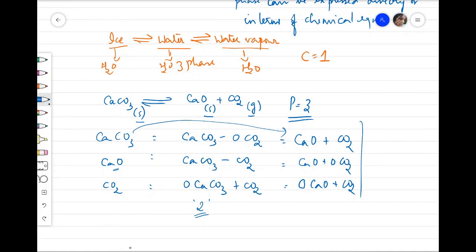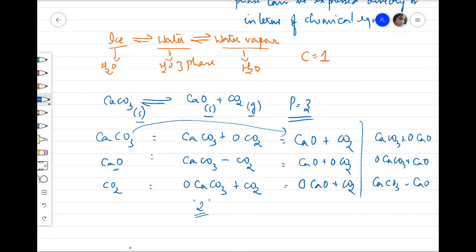Now if I want to take calcium carbonate and calcium oxide, in the first case calcium carbonate plus 0 calcium oxide, in this case 0 calcium carbonate plus calcium oxide, and here calcium carbonate minus calcium oxide. Then I get carbon dioxide. So again the minimum number of components I need to define the three phases is 2.